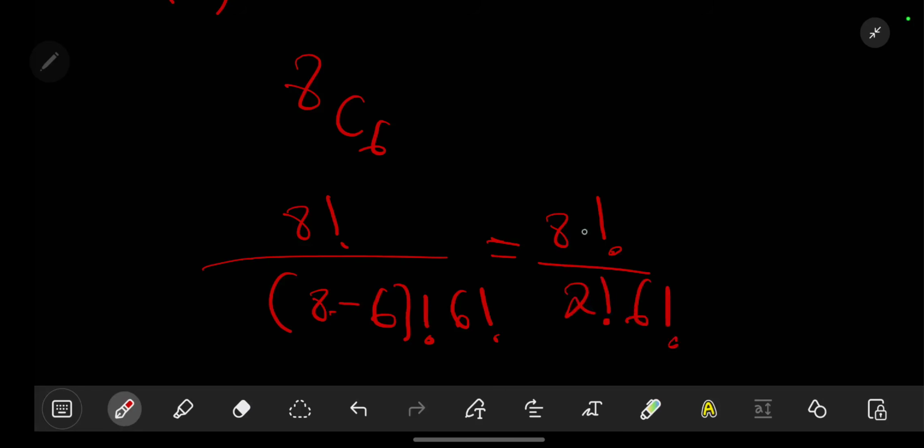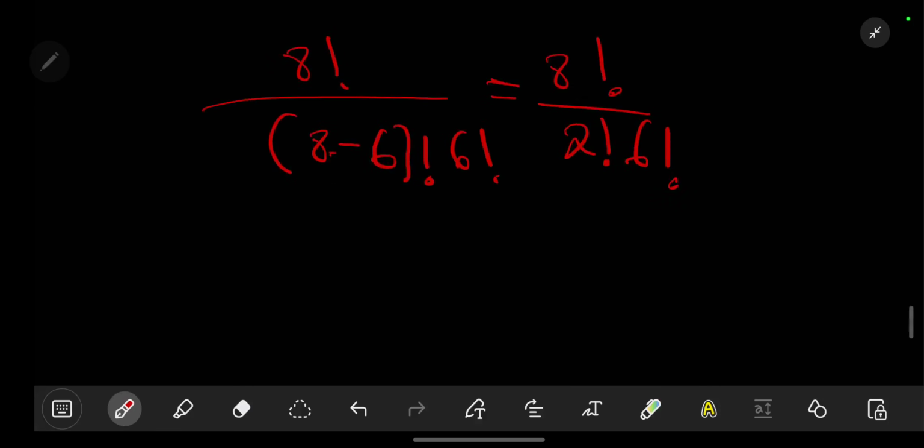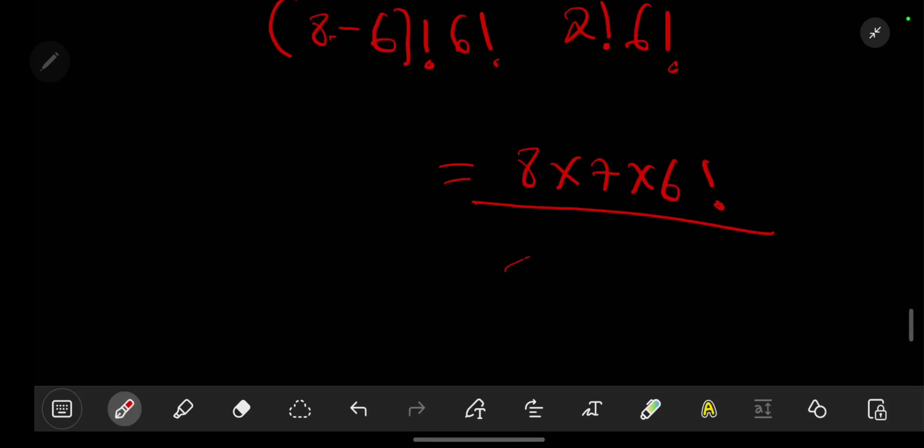Since 6 factorial is the highest, we are going to reduce until 6, which will give us 8 times 7 times 6 factorial over our 2 factorial times our 6 factorial.